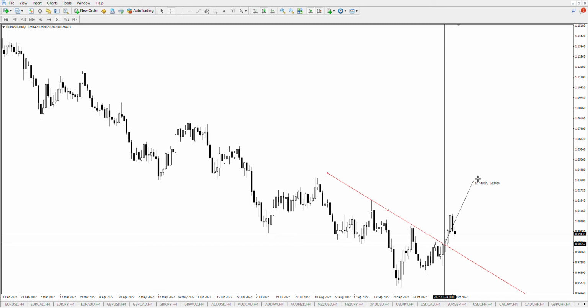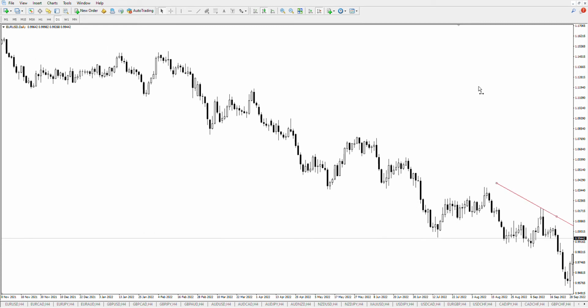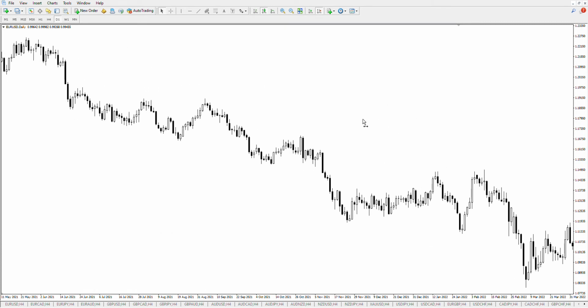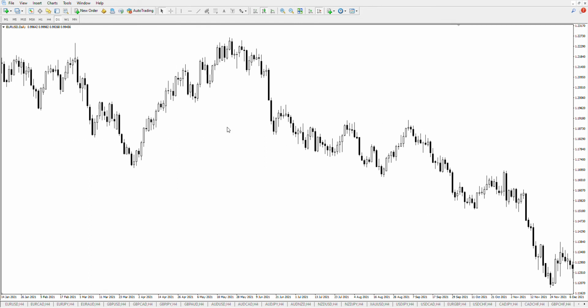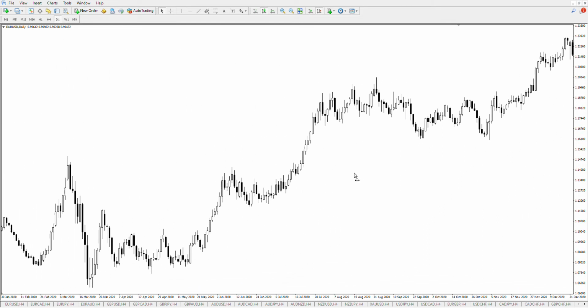That is the Tom Demark projection. From this breakout you connect it to recent shadows. Usually it works pretty nice, but the higher highs or lower lows have to be of equal size.